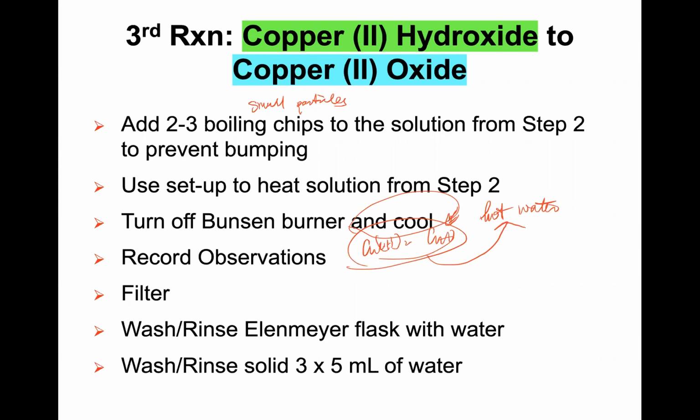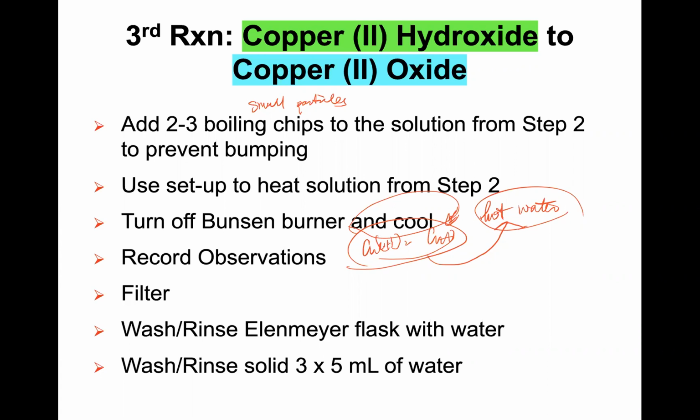If you filter while hot, you will lose a lot of them because they will go through the filter paper along with the hot water. So make sure it cools until, when you touch the outside of the flask with your finger, you don't feel it hot, just a little bit warm, and then it's about ready to filter.